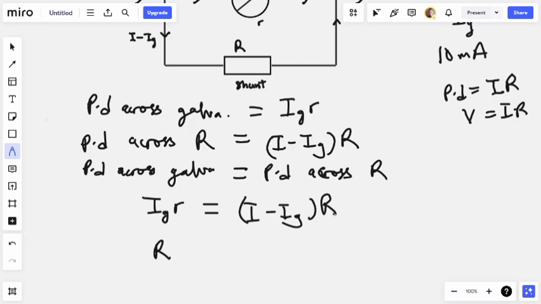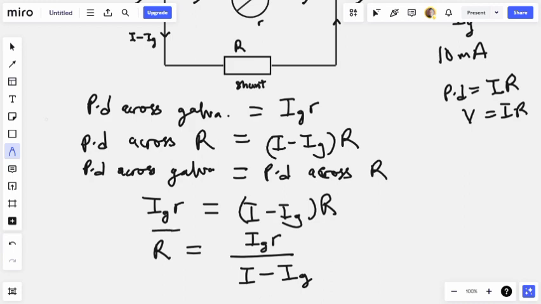So we make R the subject by dividing both sides by I minus I subscript G. You have R equals I subscript G times r divided by I minus I subscript G.